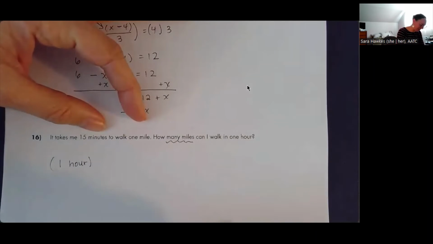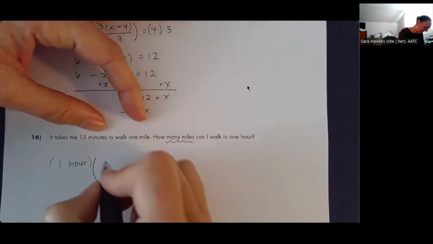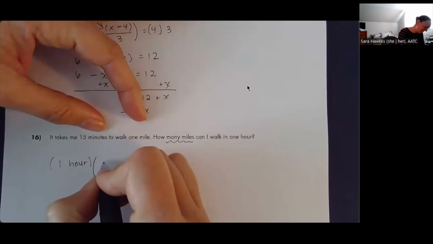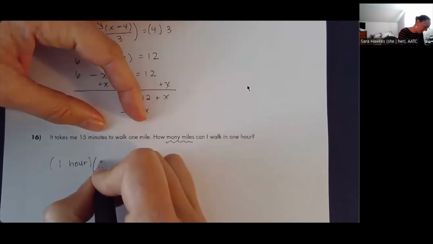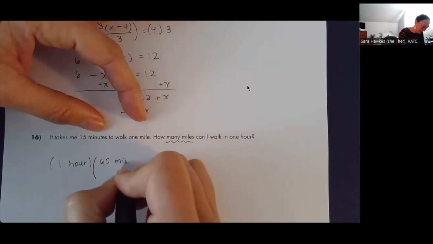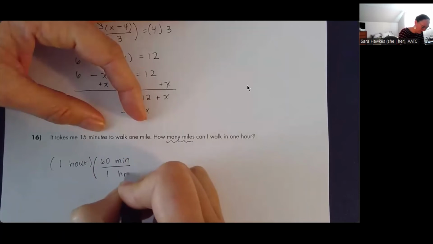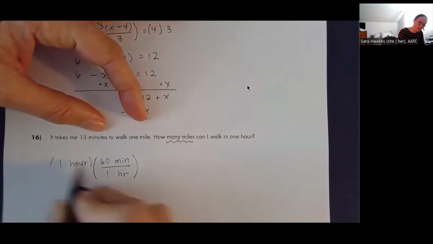So if I want those units to cancel out, I know that there are 60 minutes to 1 hour, which would make my units of hours cancel out.